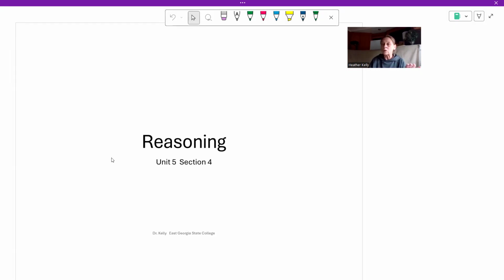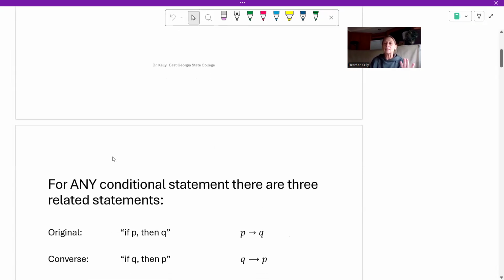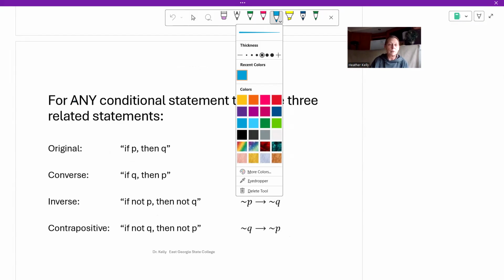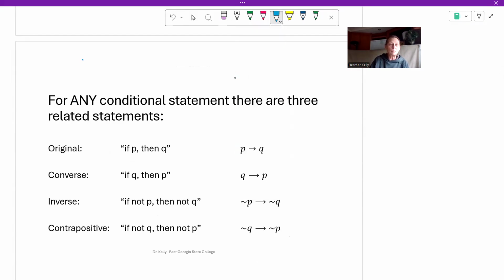Okay, so we're only going to talk about, for the most part, at the very end, I might talk about another kind, but all we're going to do is focus on the idea of the conditional so we can understand that. And remember that the conditional is if P then Q. So when I say the original here, this is the conditional.